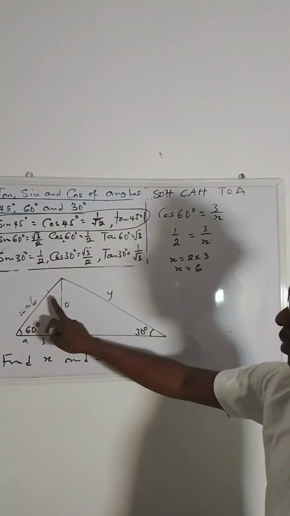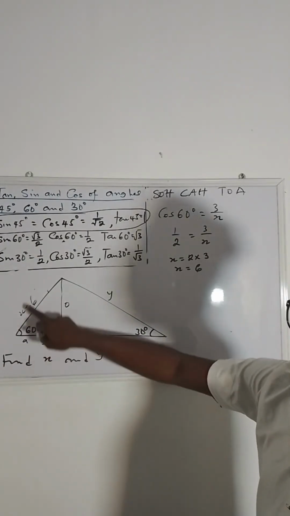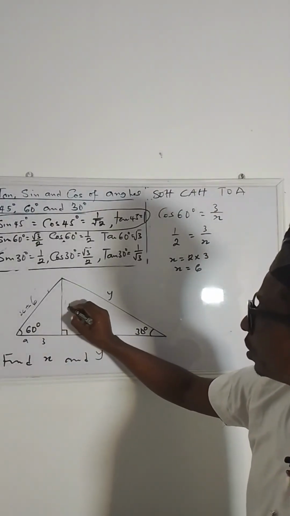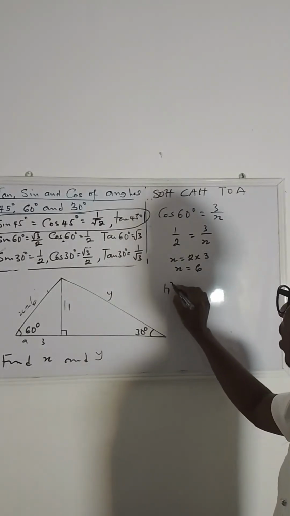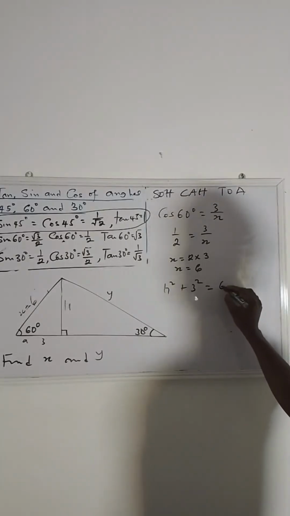So let's look at it. We have the opposite squared plus adjacent squared equals the hypotenuse squared. Let me call this side h, the opposite. So I will have h squared plus 3 squared equals 6 squared.